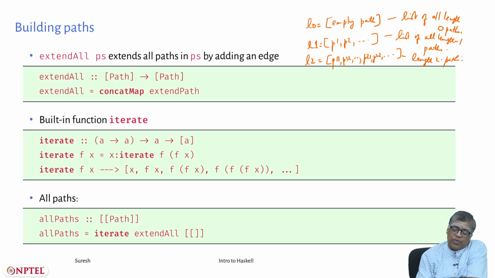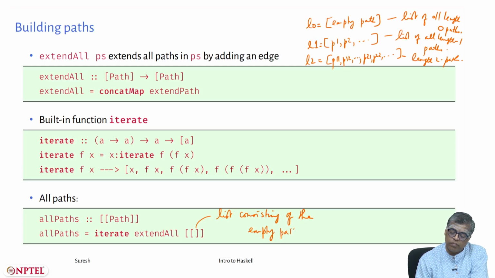Right. So, if I start with the list consisting of the empty path, and if I repeatedly keep applying extend all, in other words, if I iterate extend all on this, then I will get a big list of paths.